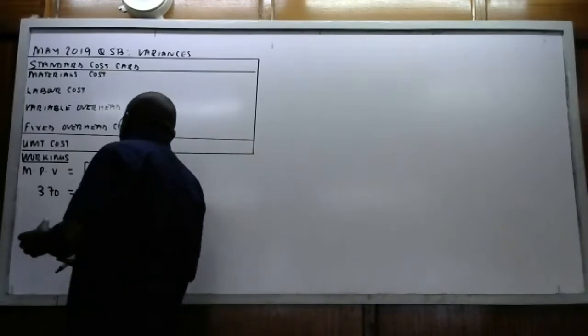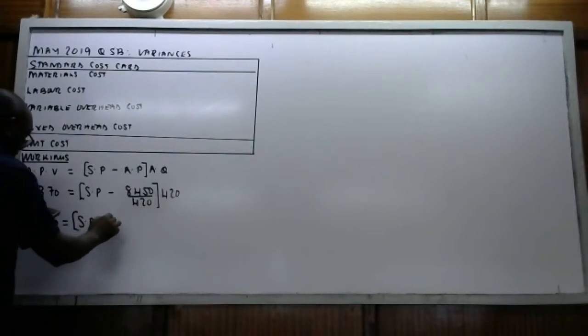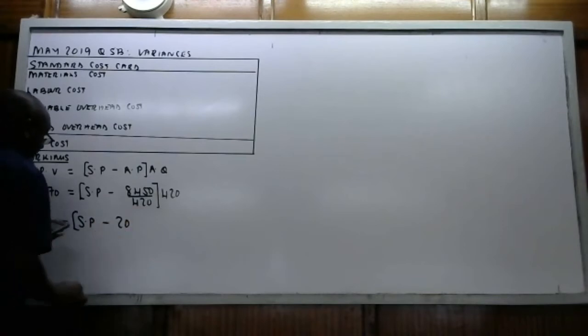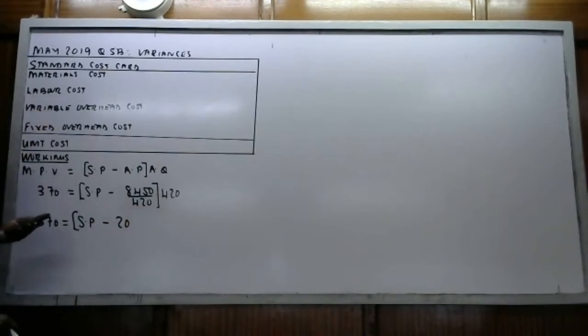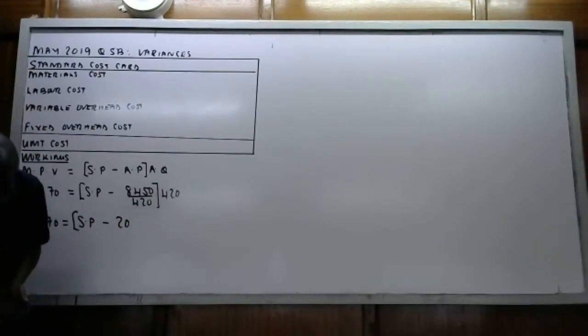So when you write it out, it will be 370 equal to standard price minus 8,450 divided by 420, which is 20. Let's just round it to 20.